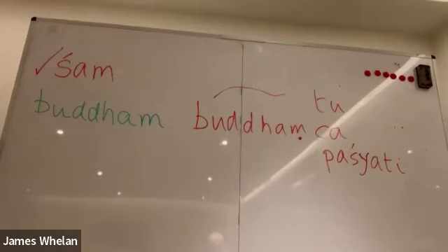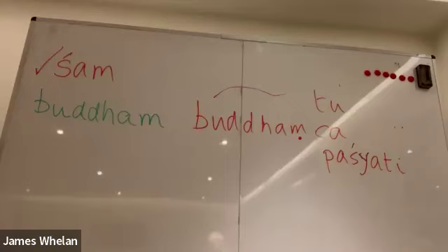What happens if it's followed by a sibilant, by an S sound? In Sanskrit, it was called a sh, but let's just look at the s because that's the only one that's left in Pali. By the way, Sanskrit has an s, sh, and sh, but they all become s in Pali. What happens if, for example, he remembers the Buddha, which would be Buddham Sarati in Pali, Buddham Smarati in Sanskrit.